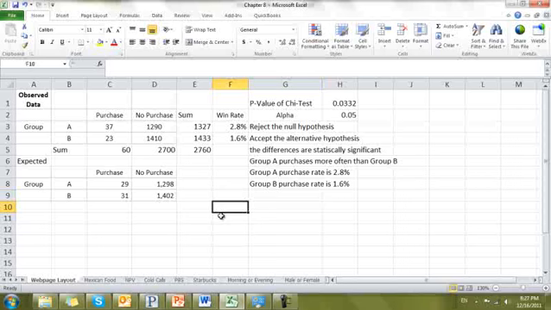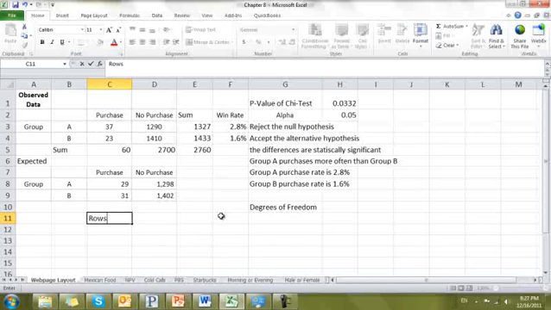Now let's think about the degrees of freedom. And let's look here. How many rows do we have? Well, we have 2 rows. So rows is 2. How many columns do we have? Columns. Well, we have purchase or no purchase. 2.